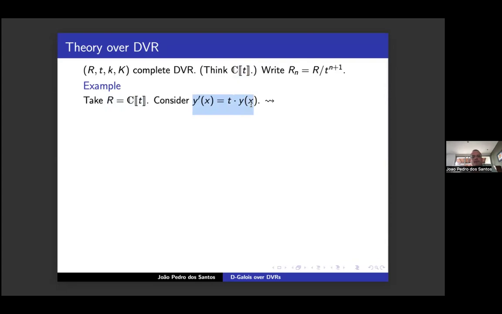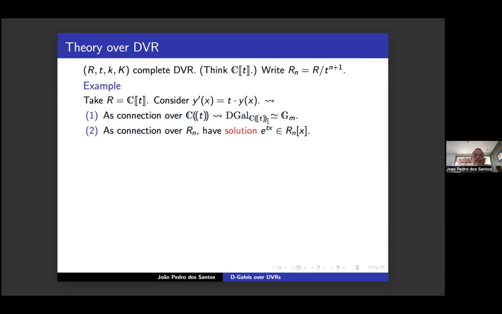If you know how to compute differential Galois groups and you're working with t transcendent, at the generic point, then your group is just GM. Here I didn't say it, but it's implicit that my space is the affine line. So my group is just GM if I think of t as an element of my base field of constants.